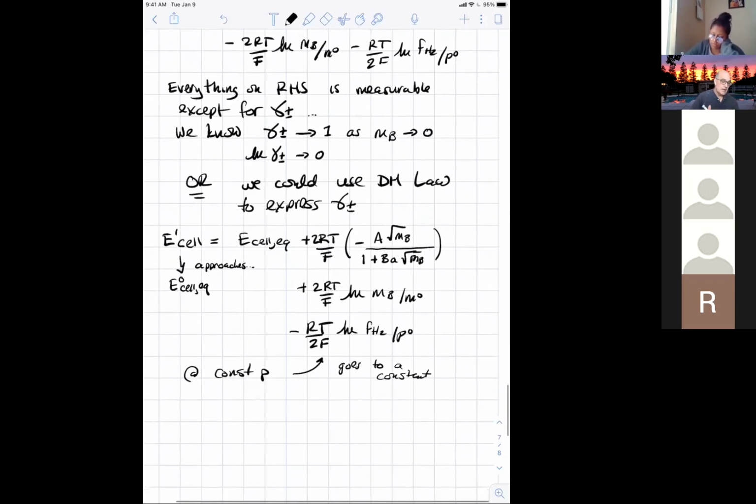So now we're left with two terms, and really what we have is a kind of complicated expression in M, but we know, right? We know in the limit as the molality goes to 0, this will go to a constant value.